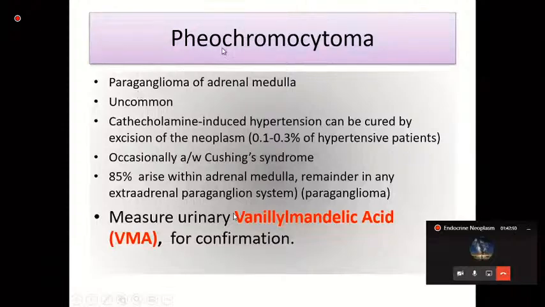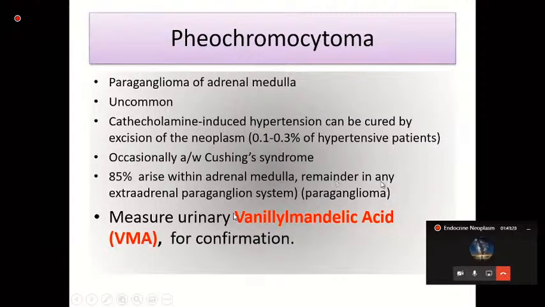For pheochromocytoma, we call it paraganglioma of the adrenal gland. It is uncommon, but when it happens there is a lot of catecholamine, so it induces hypertension. So the patient usually has manifestations of high blood pressure, and sometimes it is associated with Cushing syndrome. 85% arise from the adrenal medulla, and the remainder may be extra-adrenal, from the paraganglia, any part of the sympathetic chain.